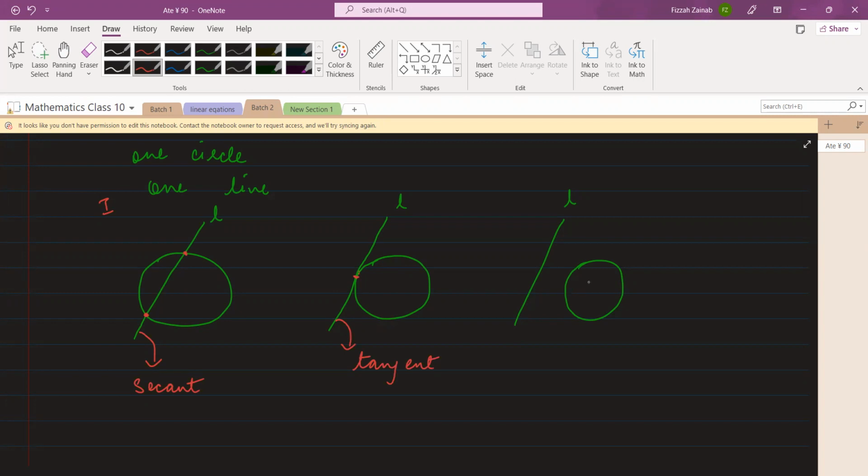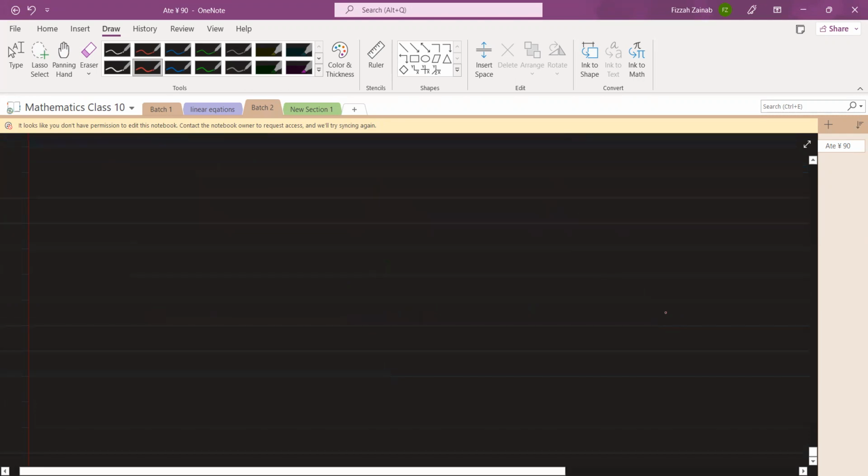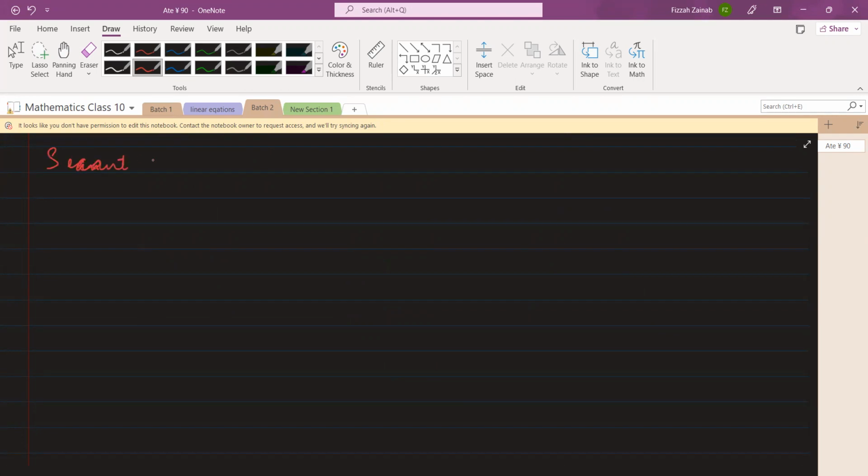And in the third case, there is no name for it. They are separate. Line and circle, they are separate from each other. Is that clear? So first thing is just define a secant and then you define a tangent.